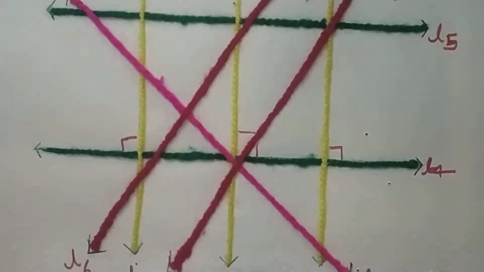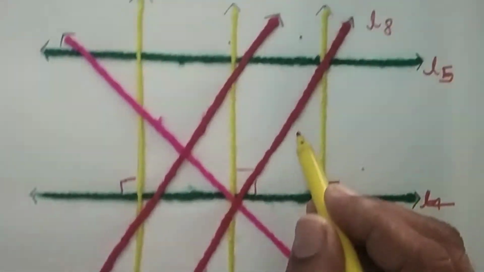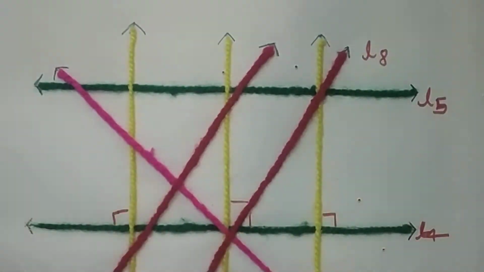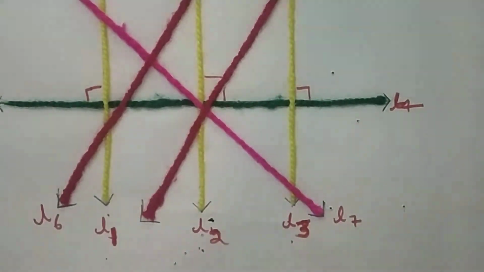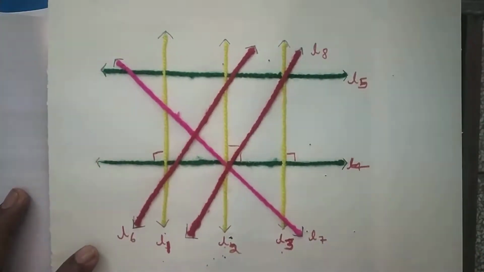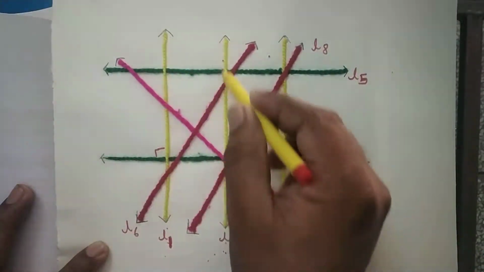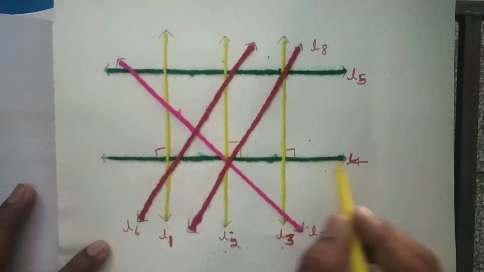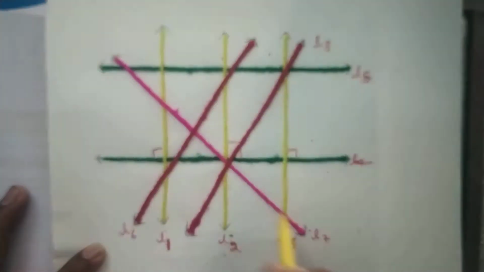Now, this line is L6, this line is L8, and this line is L7. L1, L2, L3, L4, L5, L6, L8 and L7.